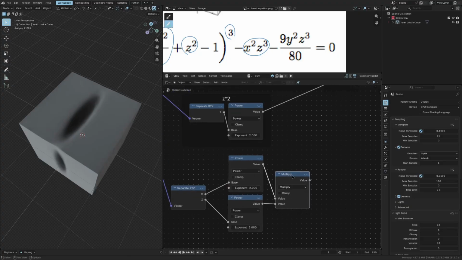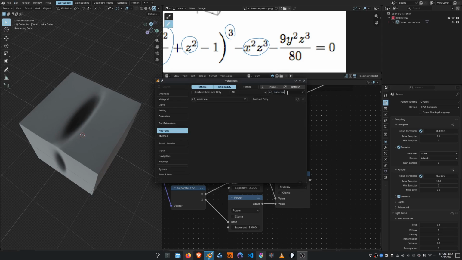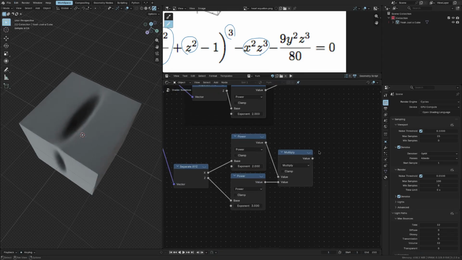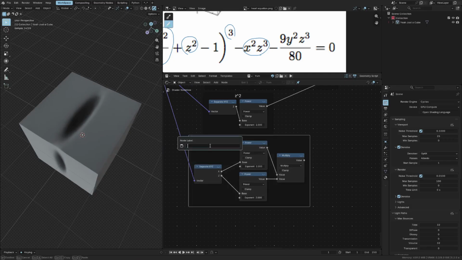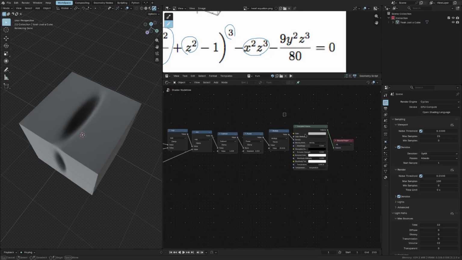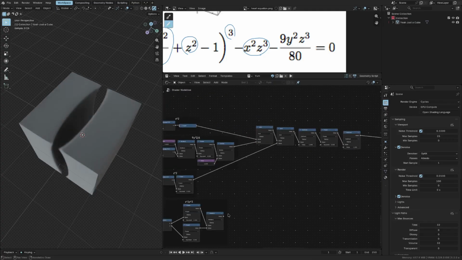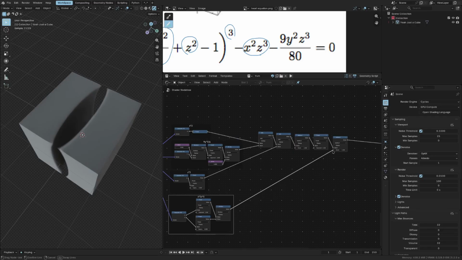You can do this really fast. Node Wrangler is available in the Blender add-ons. In the preferences, you need to turn that on. And yeah, we just did this x square z cube. Okay, we just made this thing here, and we need to subtract that from this thing here.